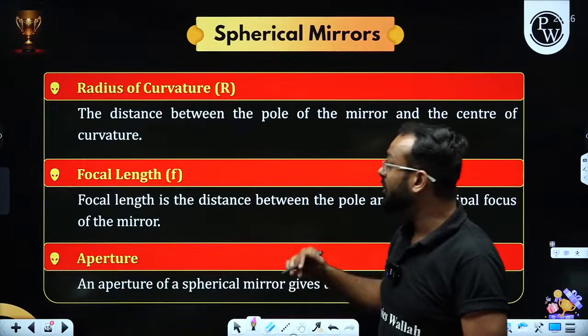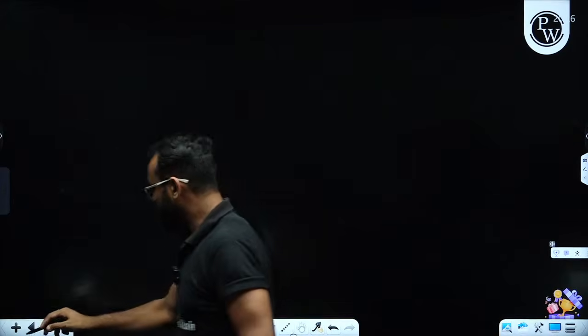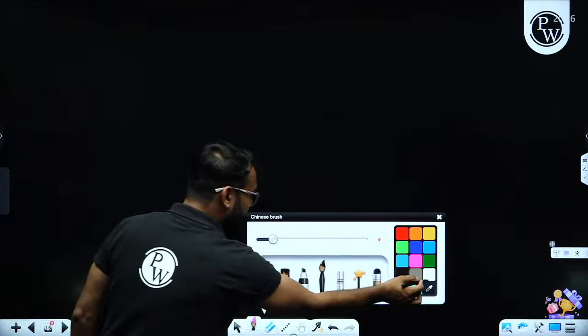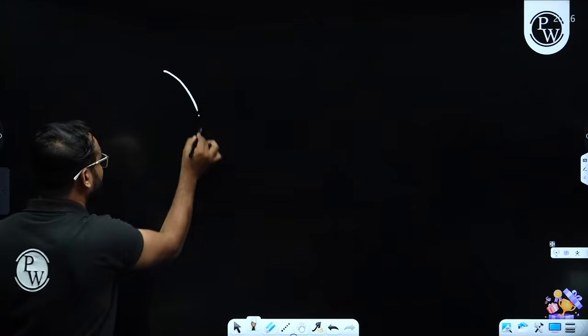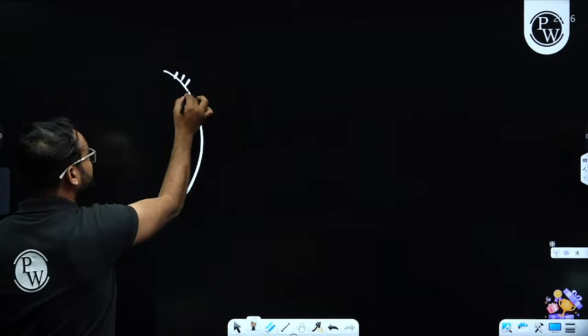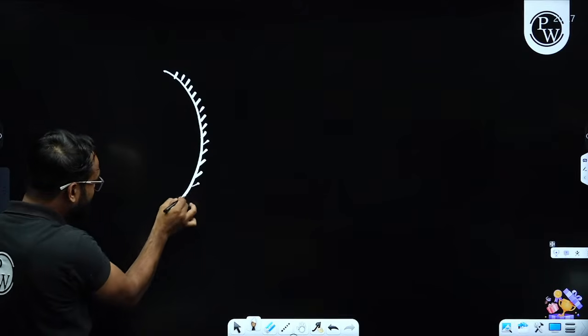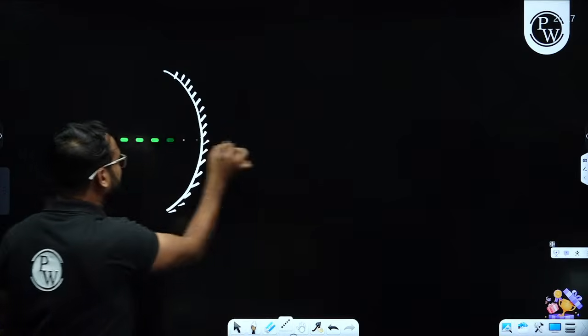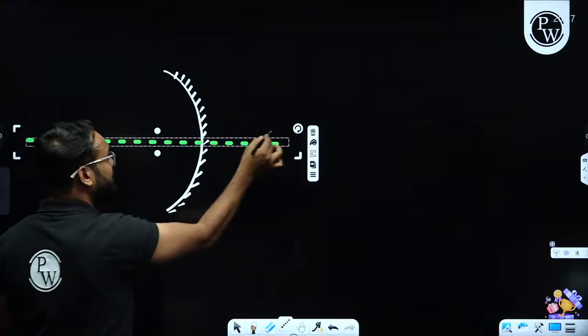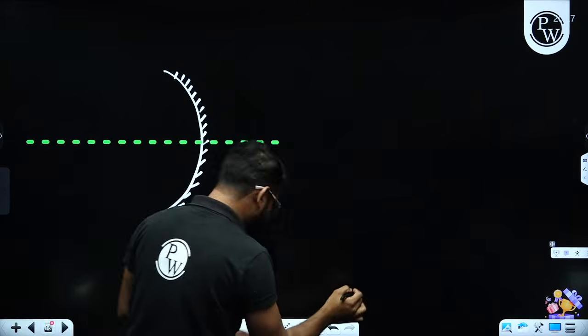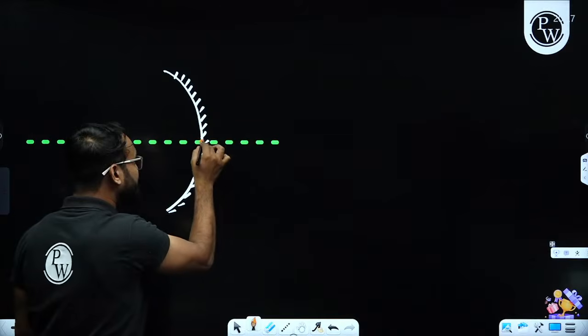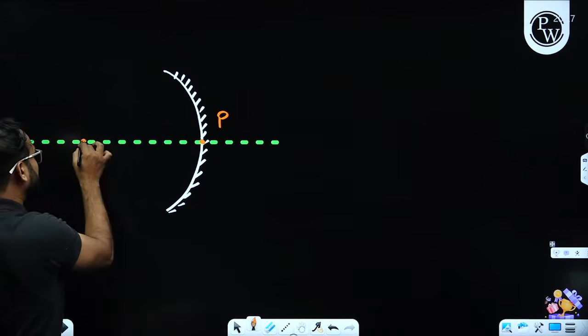Sir, please elaborate this one. So that will be in this manner. Consider this is a concave mirror. There will be a principal axis. Now this is your pole, and this is your center of curvature.